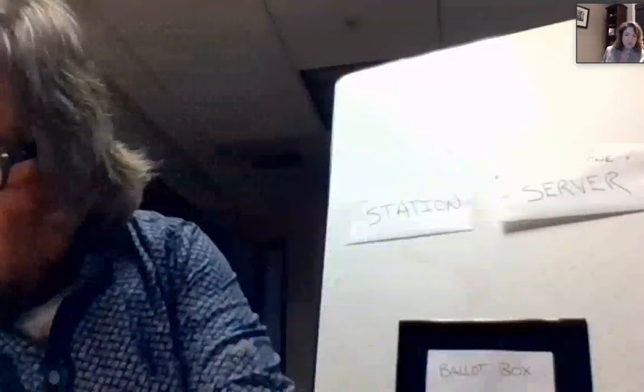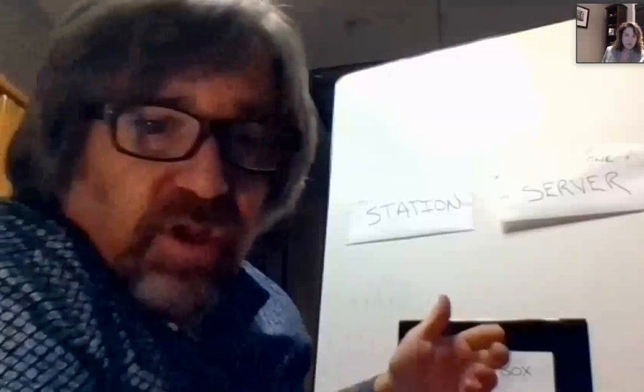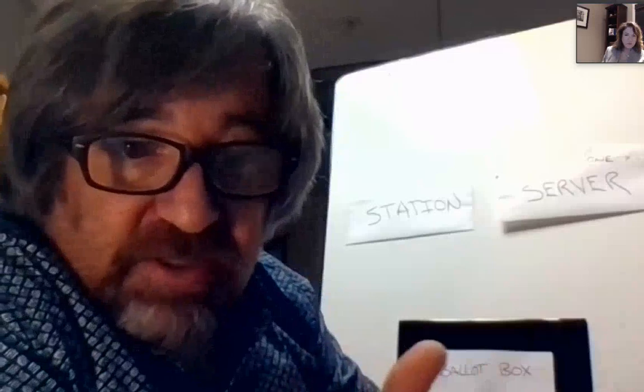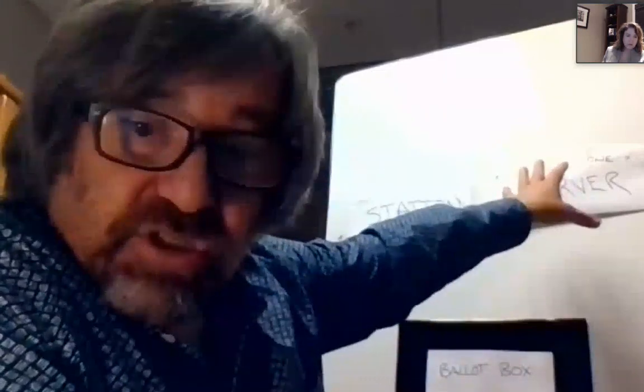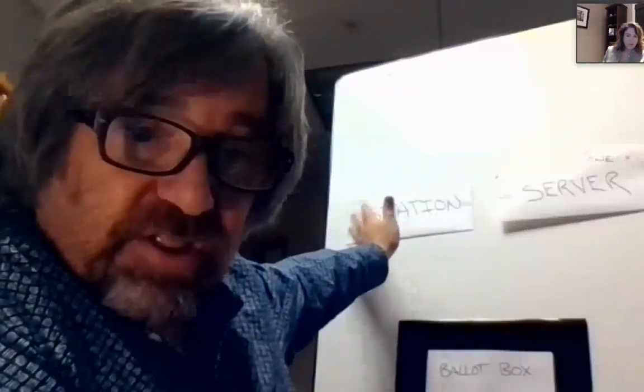And if this false ballot is counted on a different station, I can go back to the original station because I have it marked, it's serialized on the ballot, and I can fish out that original voter verified image. I've got the image on the server, I've got the same voter verified image on the station, and I've got this paper ballot that's different.